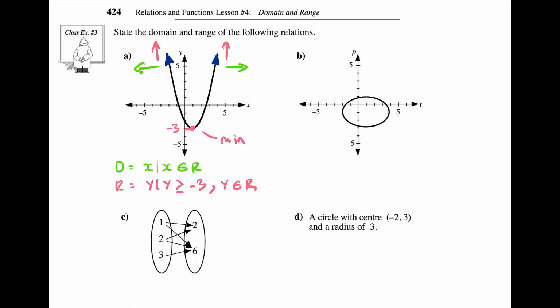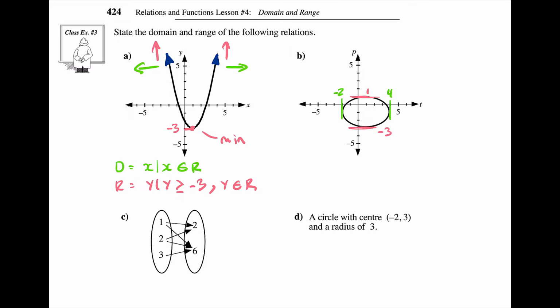Let's take a look at b. Now, if we look at b, we're saying, well, it's sort of got a limit on how far to the left it's going on the x and how far it's going on the y. So I can see it's sort of stopping here at -2 and going up to 4. And in the y direction, it's sort of got a limit right there, which is going to be 1, and a limit right there, which is going to be -3.